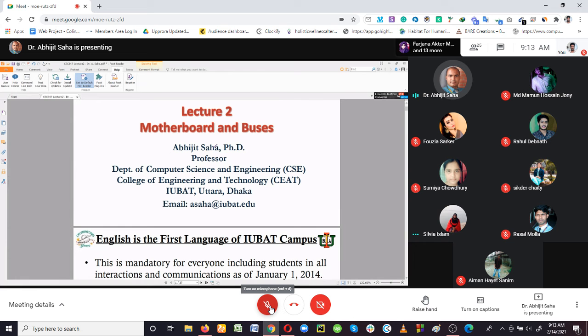In the theory class you should discuss it, and in the lab class you should practice. This chapter is really important, because as I said many times, the motherboard is the heart of the computer system. If you understand the motherboard, you will easily understand how a computer system works.